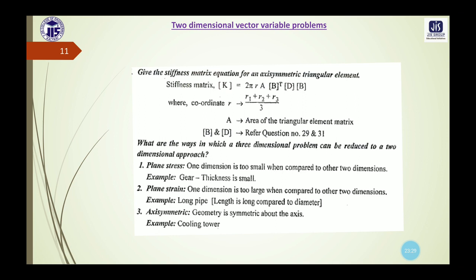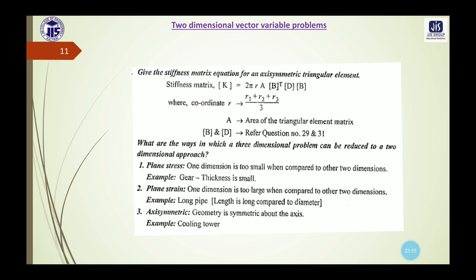Next, for plane strain, one dimension is too large compared to the other two dimensions. The example is a long pipe, where the length is very long compared to the diameter of the pipe. And in case of axisymmetric, the geometry is symmetric about the axis. The example is the cooling tower, which has a symmetric geometrical shape.